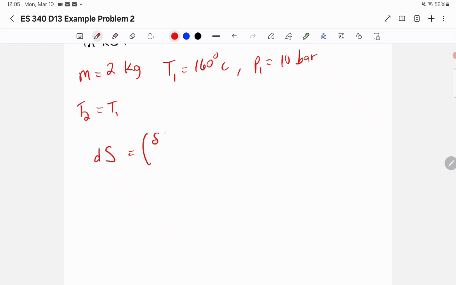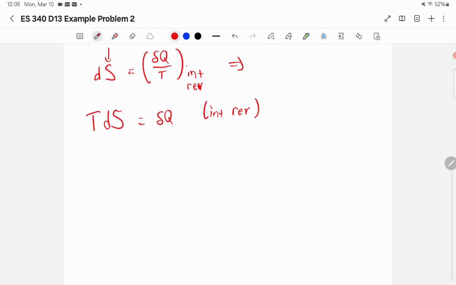Remember, we had a TDS equation that looked something like this. We didn't call it TDS yet in this format, but that basically means that T times dS, this is capital S now, be careful, this is not lowercase s, this is not specific entropy, is equal to dQ, assuming internally reversible.